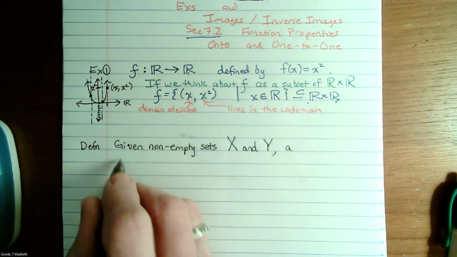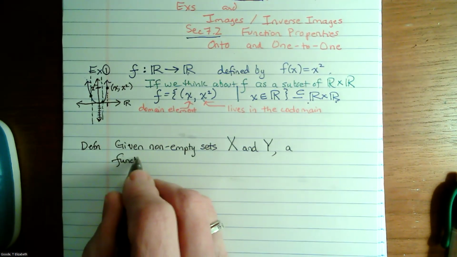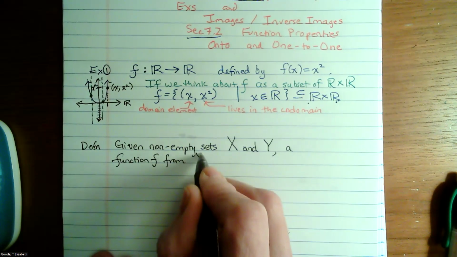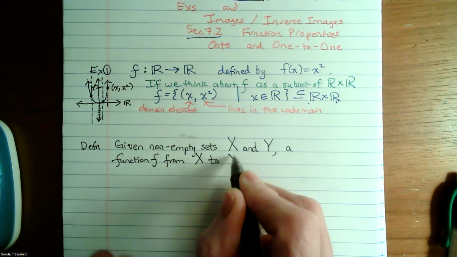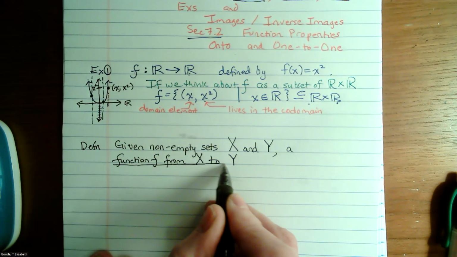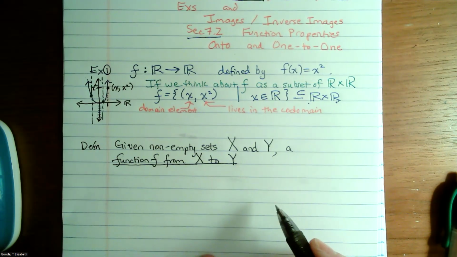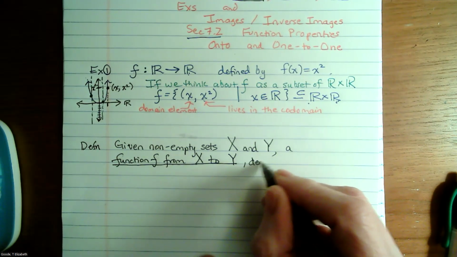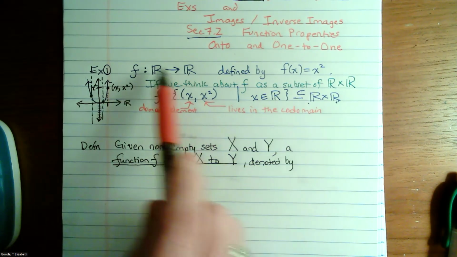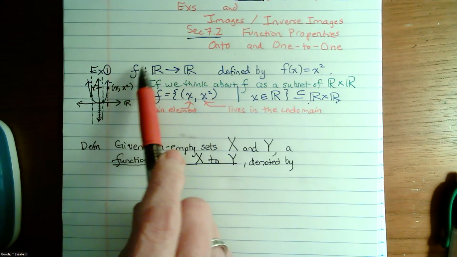A function, that's what we're defining, a function f from X to Y. So we're defining what it means for an object to be a function from X to Y. We reserve this kind of notation for functions.